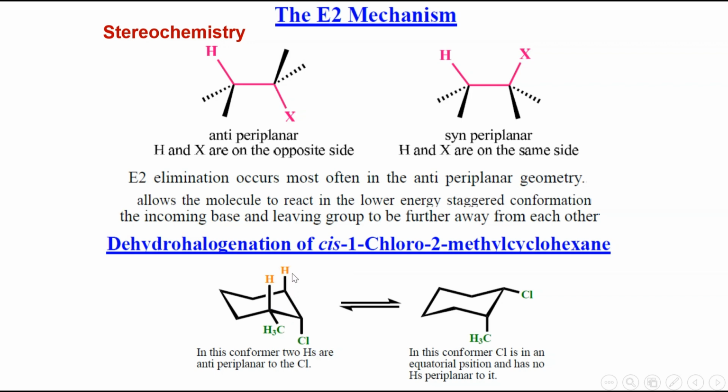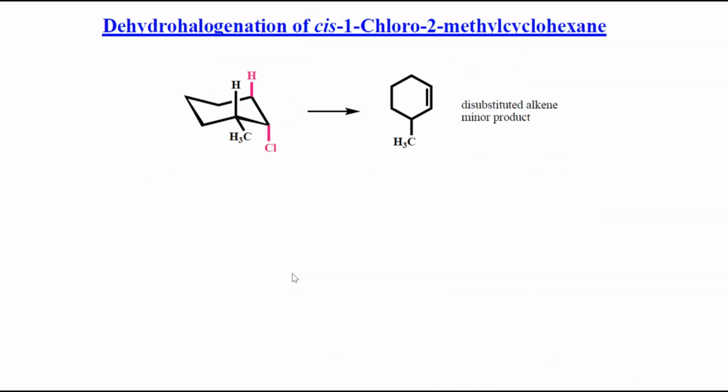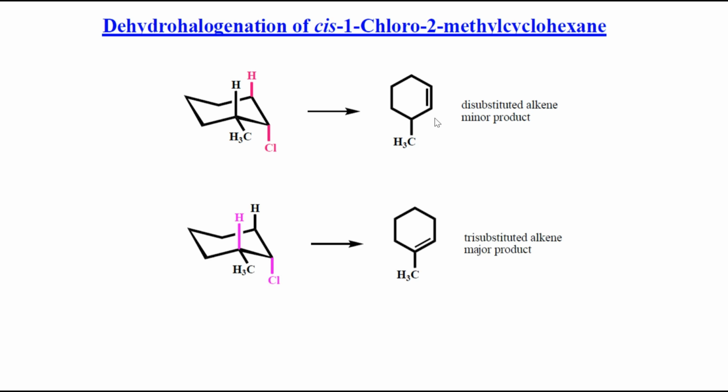When this gets abstracted, the hydrogen from this beta carbon and the halogen give a disubstituted product. This is one substitution on one carbon of the alkene and this another substitution. That's why it is disubstituted.